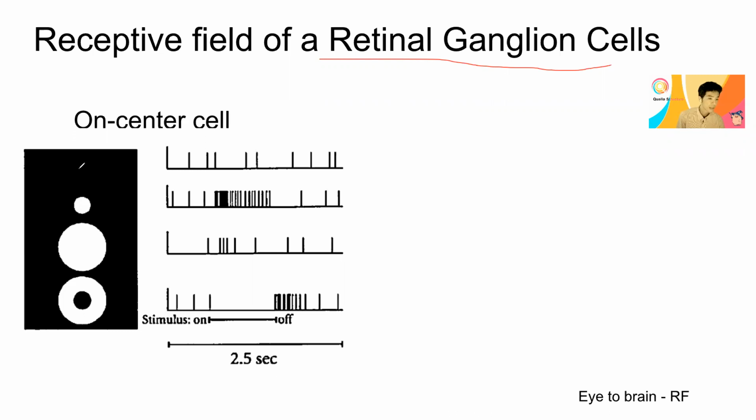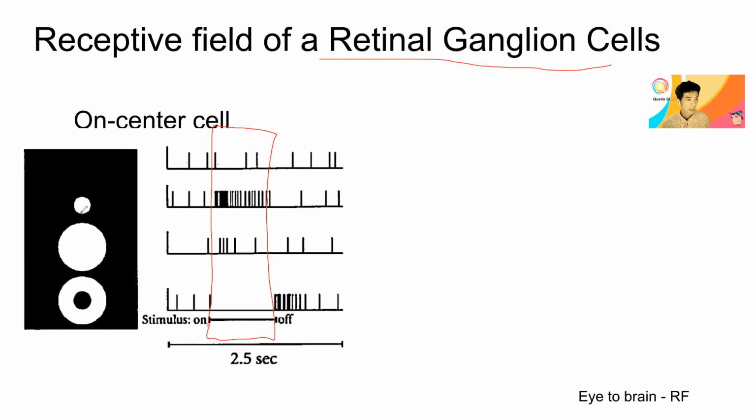When you don't present any stimulus and record the activity of the retinal ganglion cells over 2.5 seconds, while the stimulus period is here, these on-center cells tend to fire some background activity here and there, and each vertical line is a spike of the neuron. But it doesn't do much.